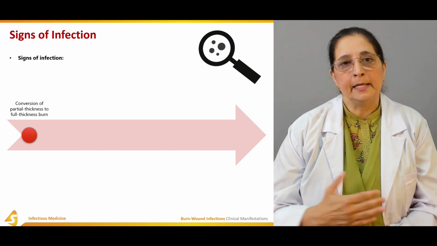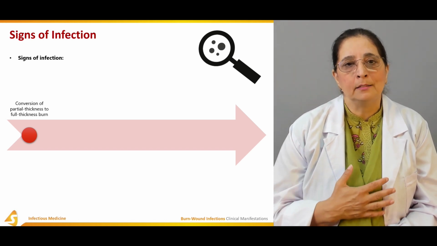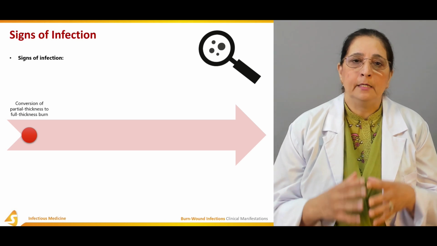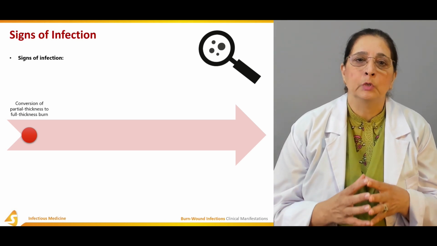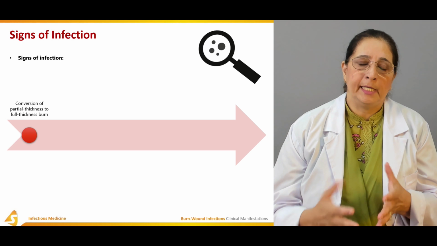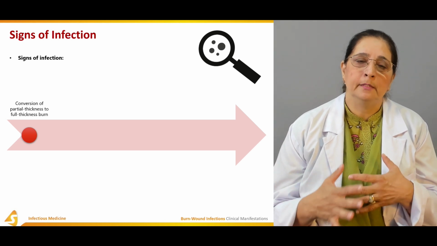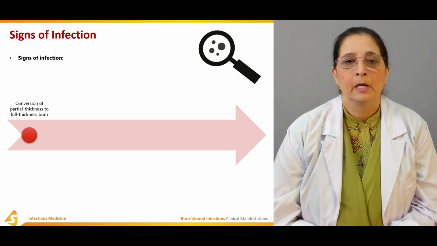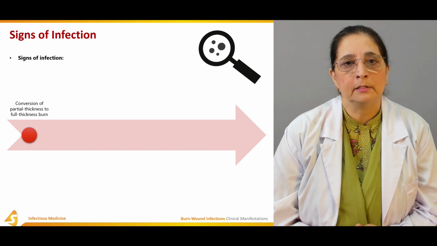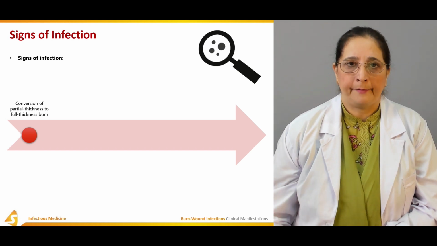In full thickness burn, all these 3 layers are affected. And in partial thickness, usually it's just the epidermis or dermis that is affected.